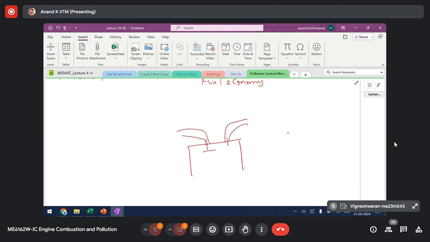We can. Okay. So what I'm saying here is when the piston moves down at higher velocity, the charge will enter at higher velocity, and the inertia of the charge is also high. This will happen at higher RPM.